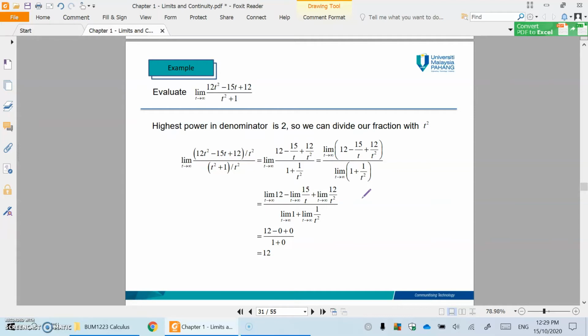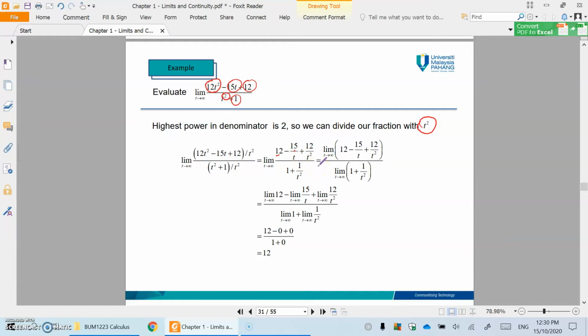As we can see, the highest power in the denominator is 2. So we will divide each term in the numerator and the denominator by t squared. Dividing 12t squared by t squared, we get 12. And then we have 15 over t, and so on.